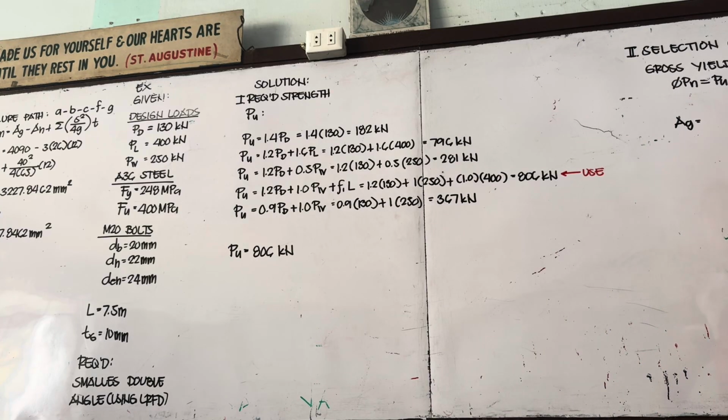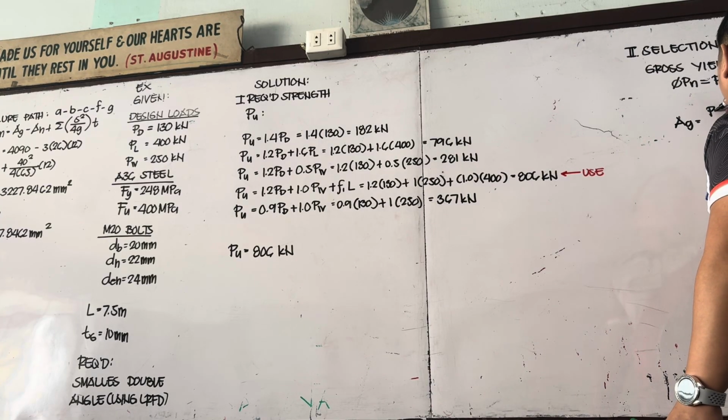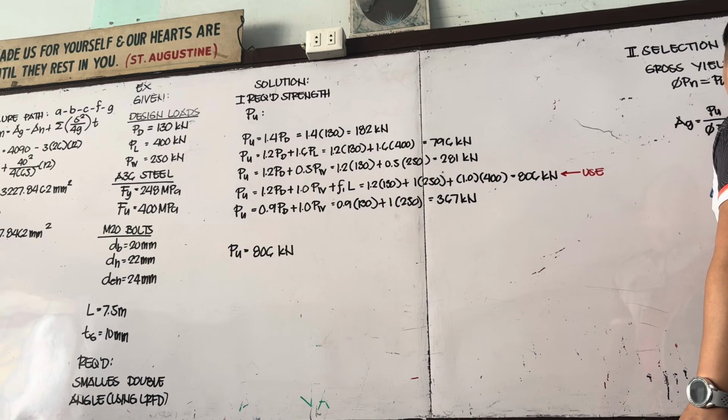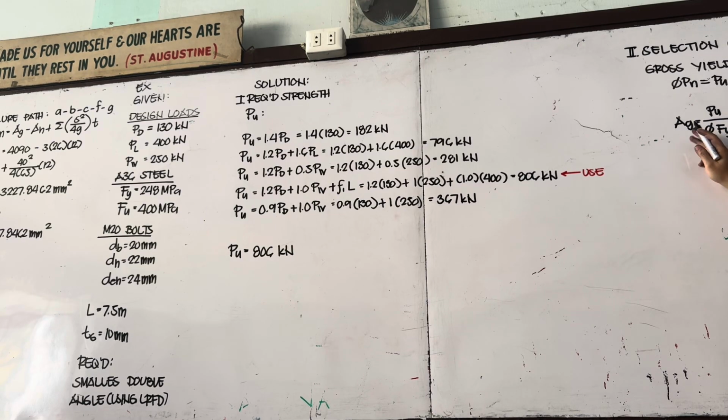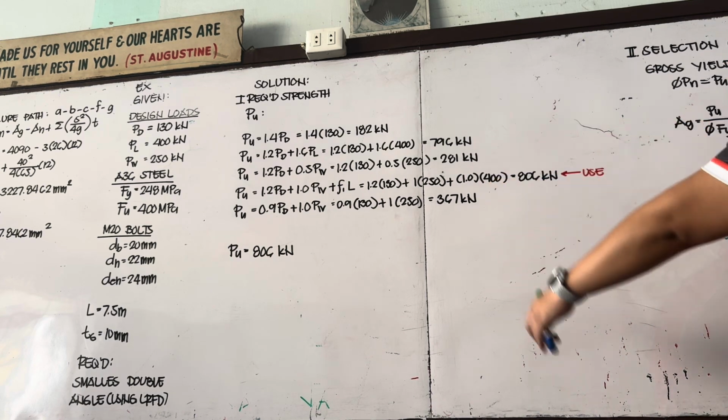Okay? From this, we can solve ang AG natin. Simplify ko na, so that would become PU over phi times FY. Sakto kay yung PPN is phi FY AG. So, AG required ito, kaya this would be our required na gross area to carry the load nga PU na hindi siya mag-fail sa gross yielding. Okay? So, ang atong nga PU, let's convert that to Newton.